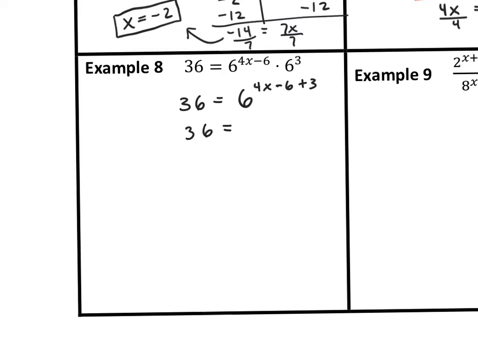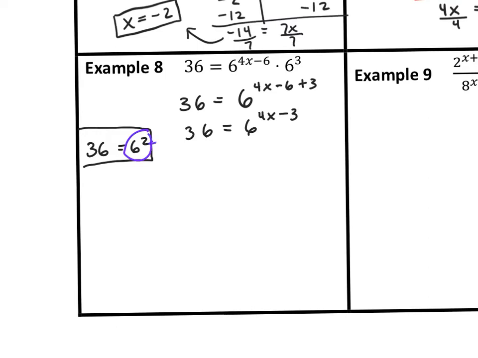Copy the 36, and so I'm going to get 4x. Negative 6 plus 3 is negative 3. And then we should also think of, 36 is actually 6 to the second power. It's kind of a side note here.